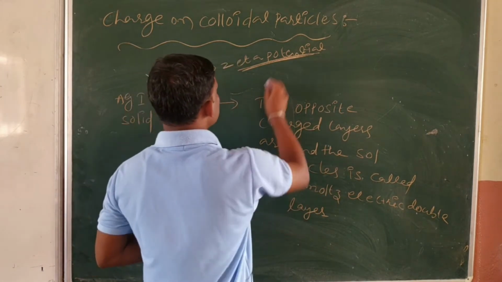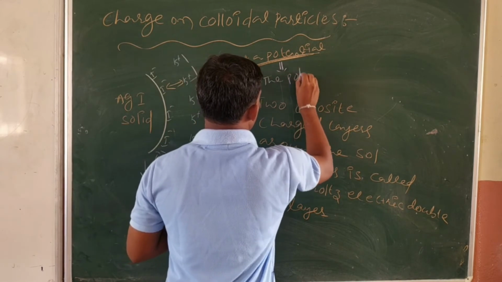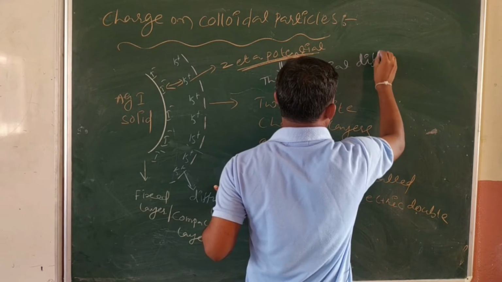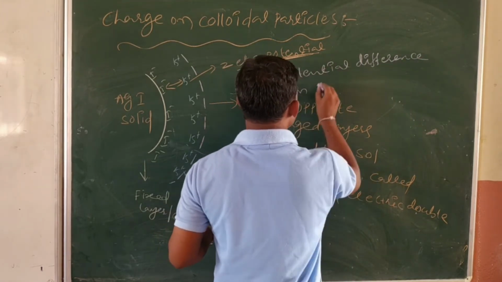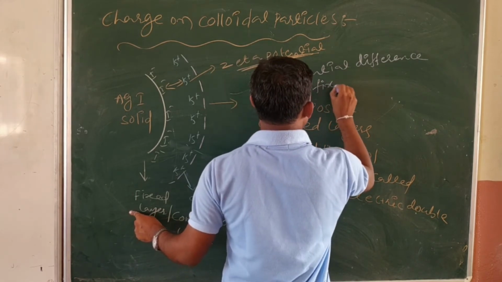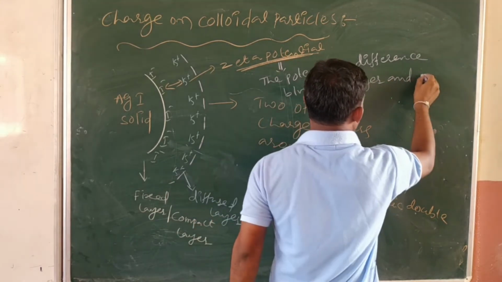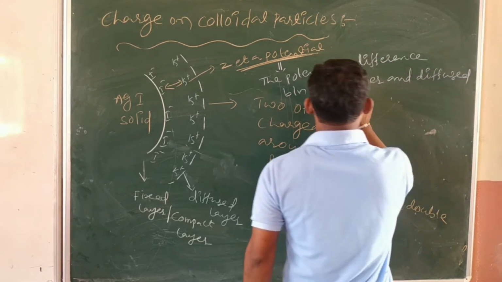Zeta potential is nothing but the potential difference between the fixed layer and the diffused layer.